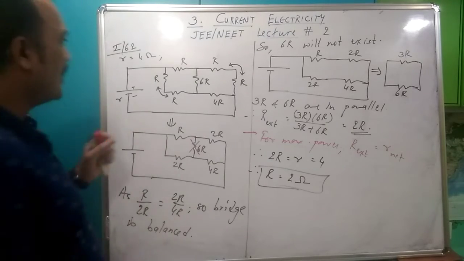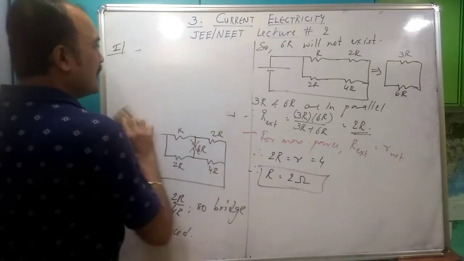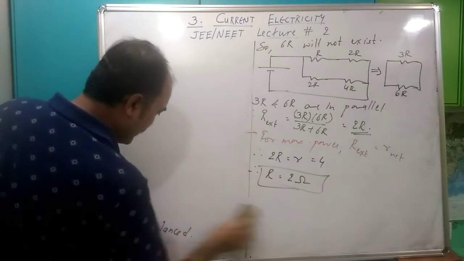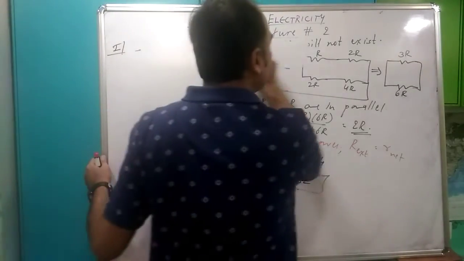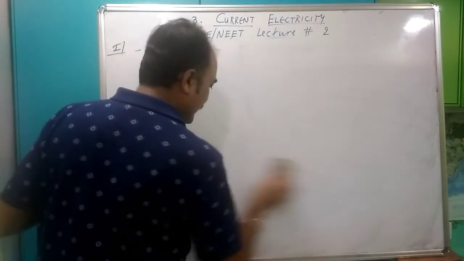This was lovely. After this comes number 70. So let's look at 70 and do some fun. Let's see what 70 is. Number 70.